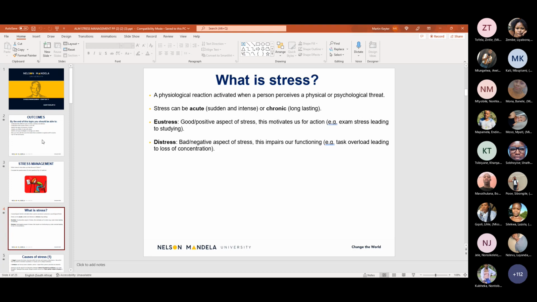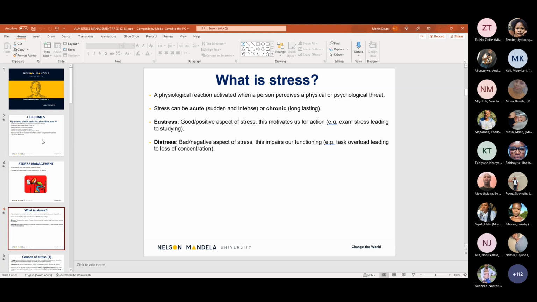Then you have, and this is what is important here, the good or positive aspect of stress. This motivates you into action. So eustress is where there's a positive aspect of stress.